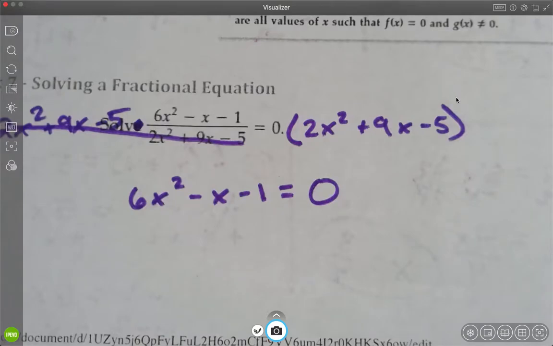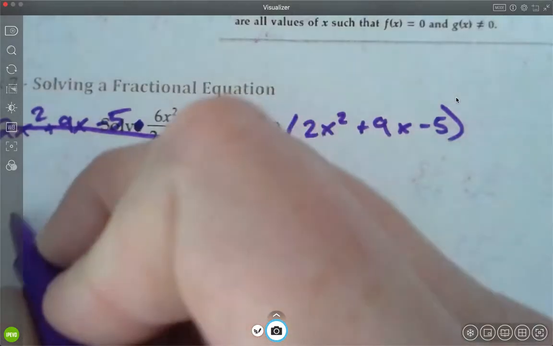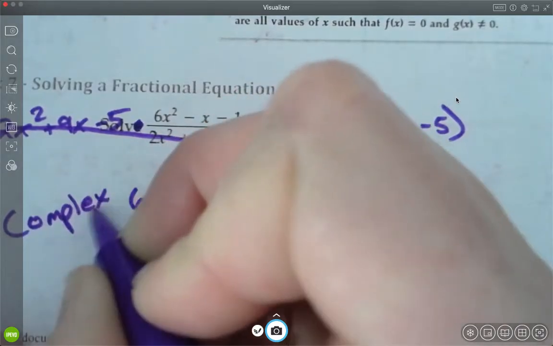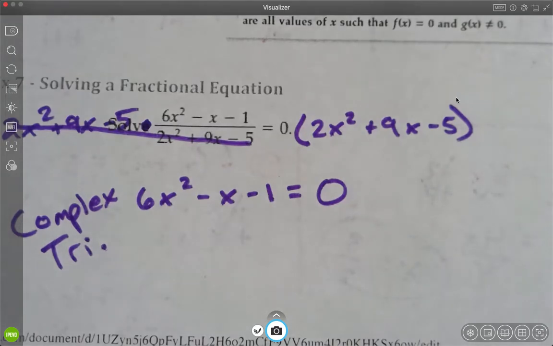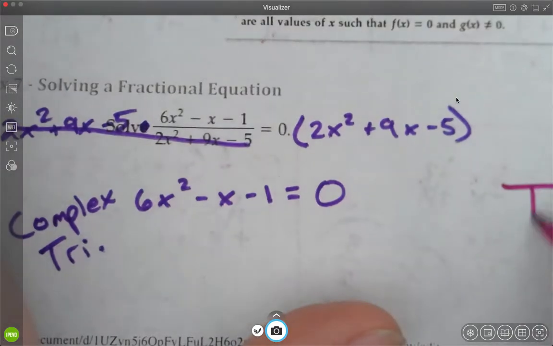Yes. How? Multiply the 6 over. This is a complex trinomial. So 6 times -1 is -6.